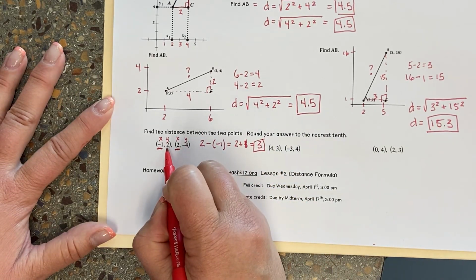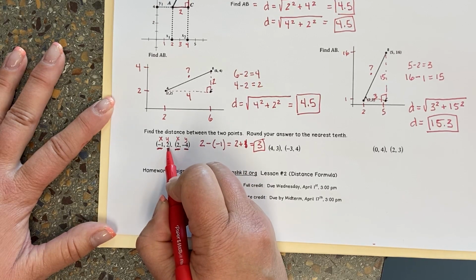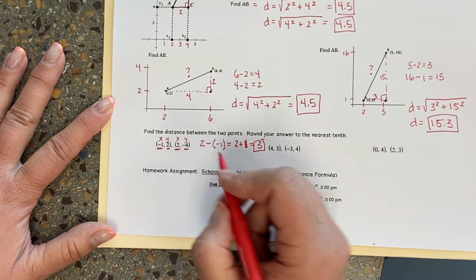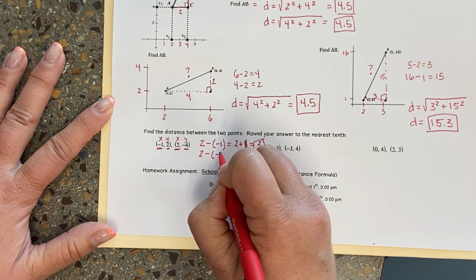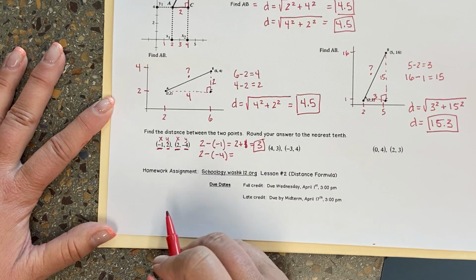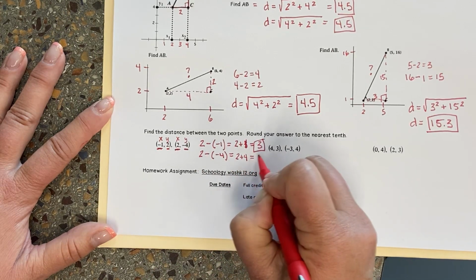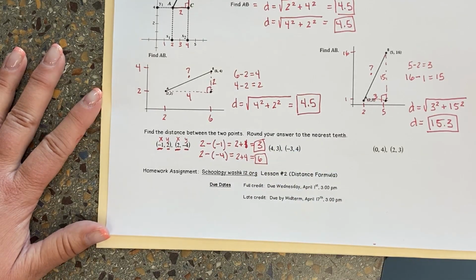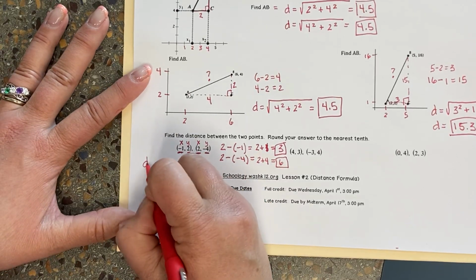Now, let's find our other leg, our vertical leg. These are our y coordinates. You take the bigger number minus the smaller number. So 2 minus a -4. Two negatives make a positive, so that's really 2 plus 4 equals 6. So now we have a leg that's a 3 and a leg that's a 6. Go ahead and put it in the formula.